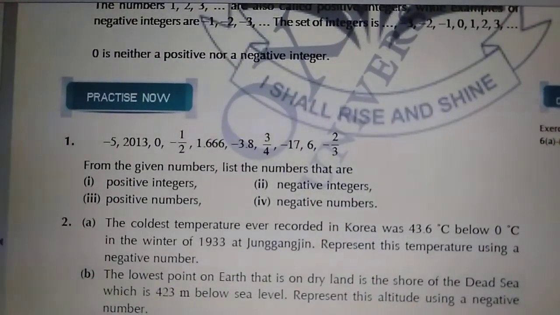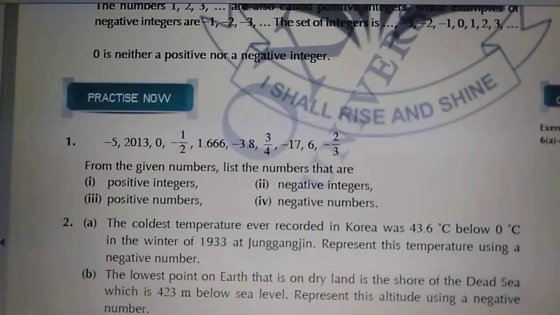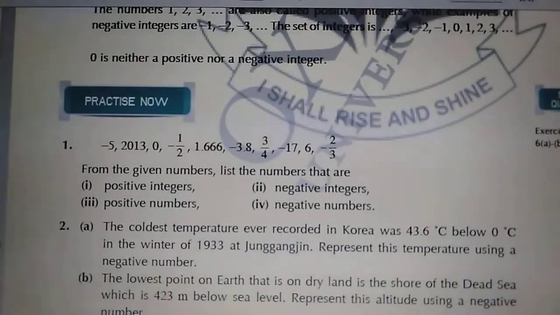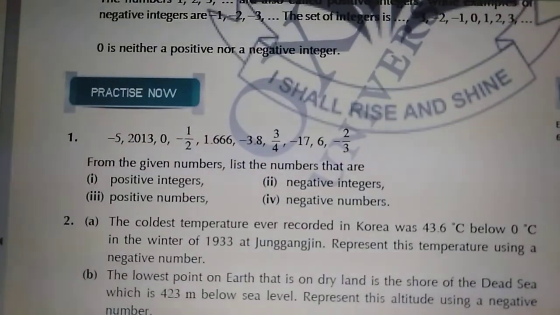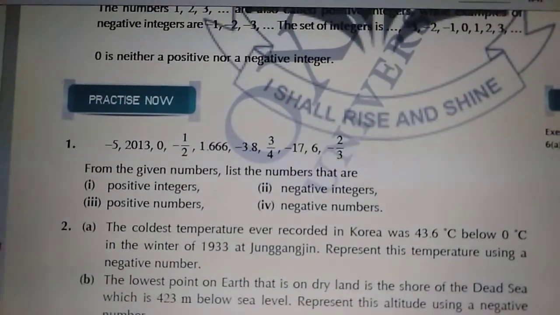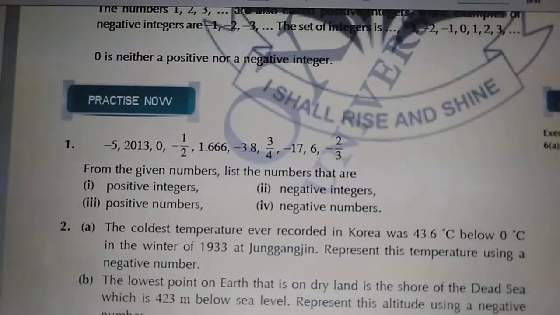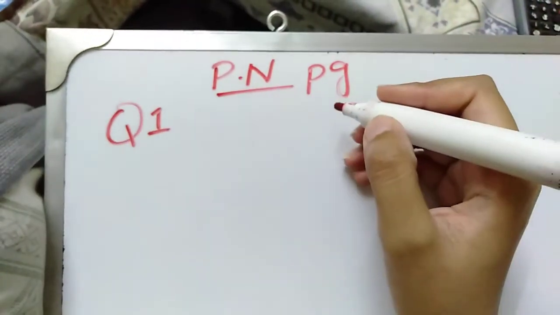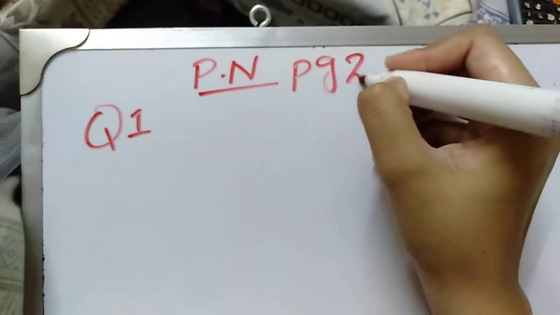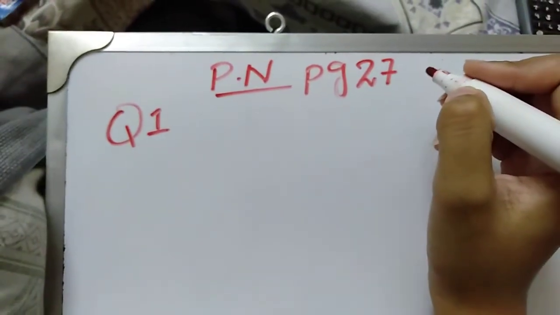Some numbers are called negative integers, but some are not, they are called negative numbers. So now we are going to differentiate between negative numbers and negative integers, positive numbers and positive integers. Now we are going to solve question number 1, practice now, which is on page number 27.